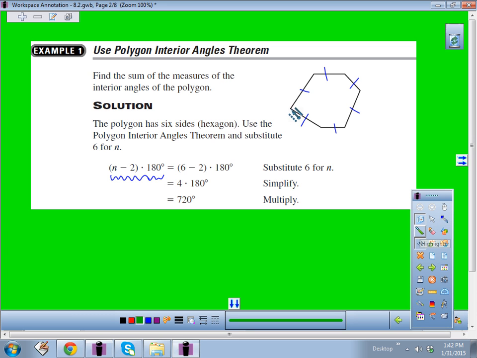Well, again, the reason why is if I take one of these vertices and I draw all the triangles inside this polygon, the number of triangles that are formed is 1, 2, 3, 4 triangles. So if the number of sides is 6, if it's a hexagon, then we would do 6 minus 2 to get our 4. So that would be 4 times 180, and that would equal 720 degrees inside this hexagon. That's for any convex hexagon.